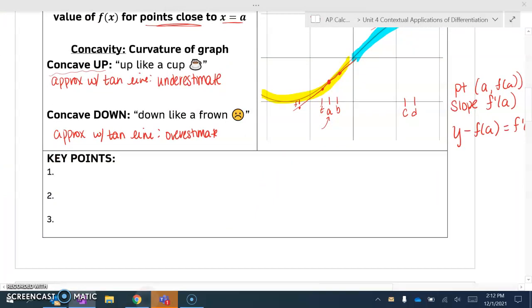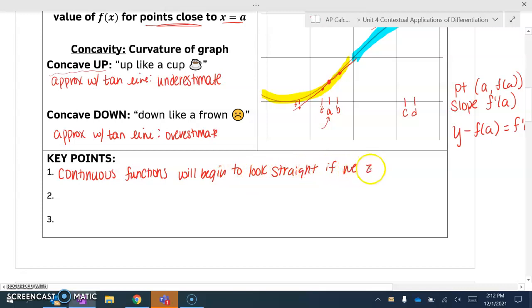So some key points. Continuous functions will begin to look straight if we zoom in enough.